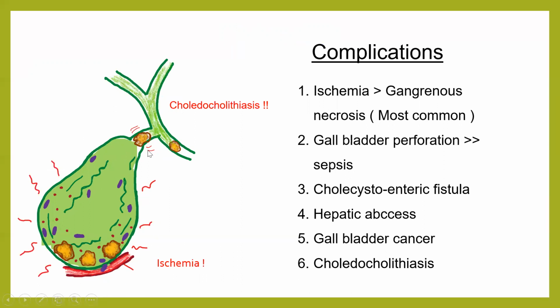When we have the contraction of the gallbladder and the stone gets lodged up here, it leads to stagnation of the bile, which allows the growth of bacteria, which can lead to inflammation of the gallbladder. And that inflammation can press on the blood vessels around the gallbladder, leading to ischemia.